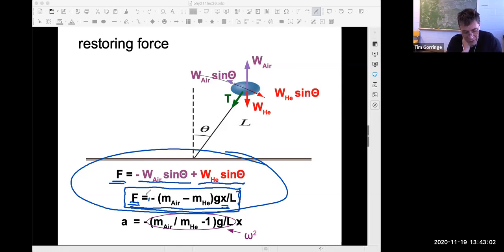So that is a linear restoring force. So we found our linear restoring force. I think of that as a little hide and seek. We sort of worked our way through the forces, thinking about tension, thinking about weight of the air, thinking about weight of the helium, and we found inside all those forces the linear restoring force.